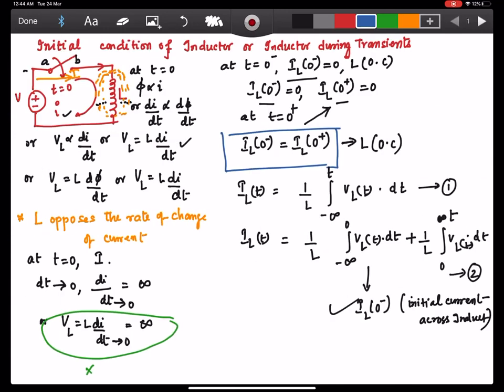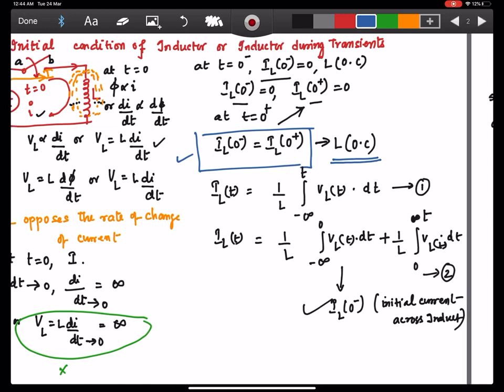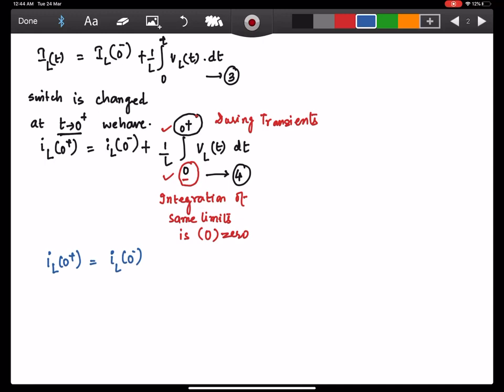Already we have discussed that IL(0-) equals IL(0+), and at this particular point your inductor will be open circuited. So we can conclude that your inductor will be open circuited at these points.